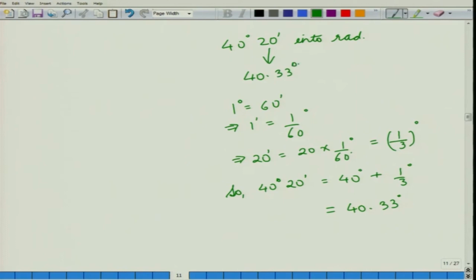Now, we know that 2 pi radians is equal to 360 degrees.